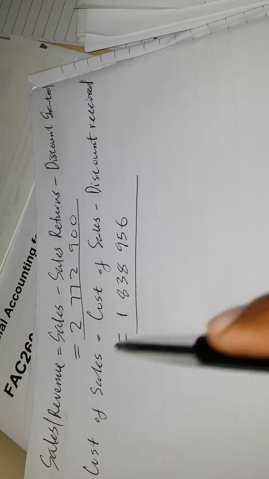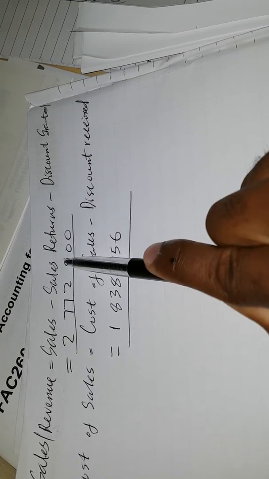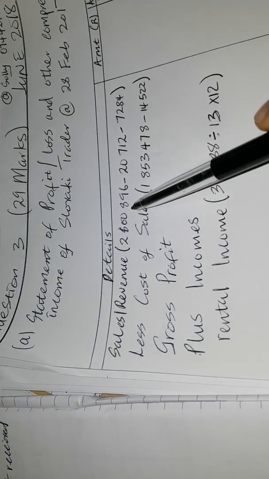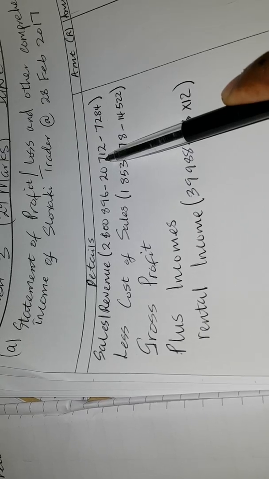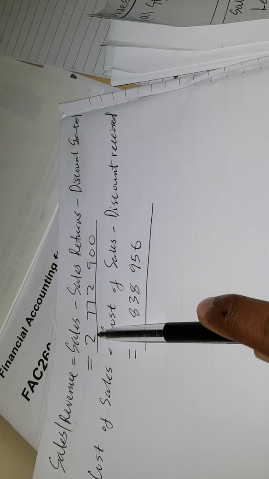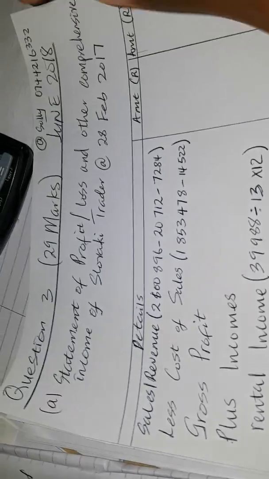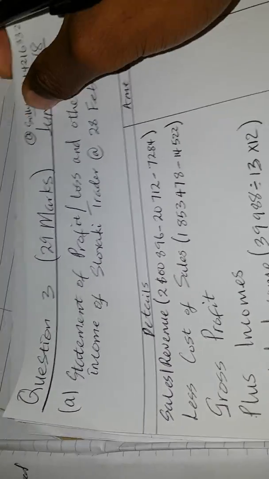So now you'll come here and say, how do you calculate your sales? Sales or revenue is sales minus sales returns minus discount granted, which is what I did here. I took the values. I said sales minus the value of sales returns minus the value of discount granted. And how much did I get? I get 2,772,900.